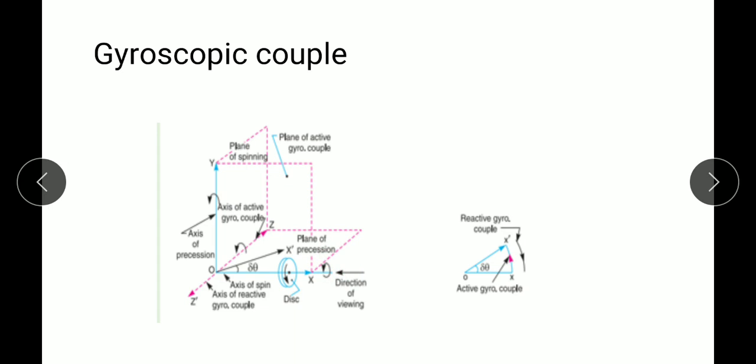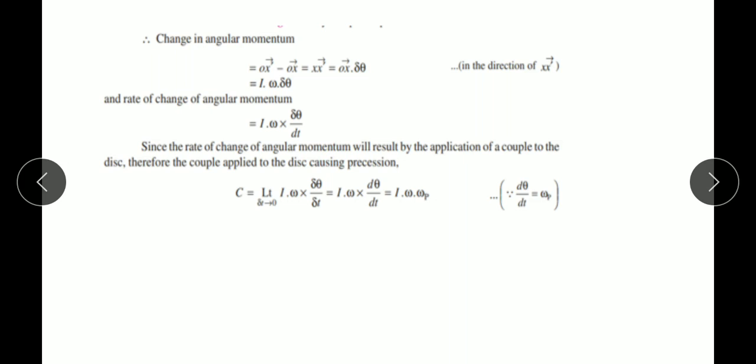Okay, here we consider one small diagram. So this is the active gyroscopic couple OX dash, and this is the reactive gyroscopic couple. From this diagram we will see the small equation. From that diagram, the change in angular momentum: OX dash minus OX.